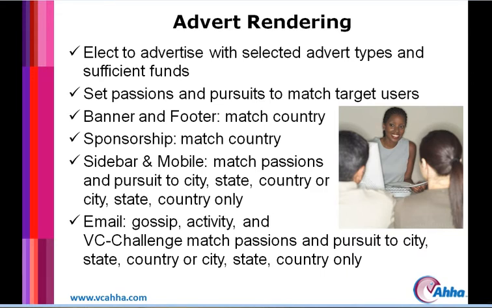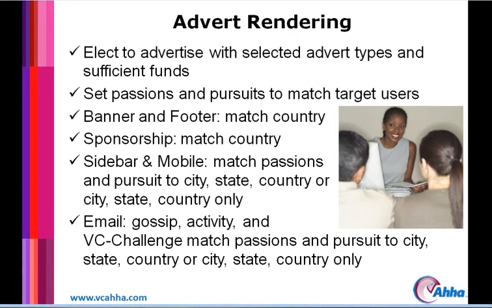Okay, states. For those countries that don't have states, it's the city and state equivalent. We then take the advertisers for that criteria. If there are not enough advertisers for that criteria, then we will match city, state, and country only.